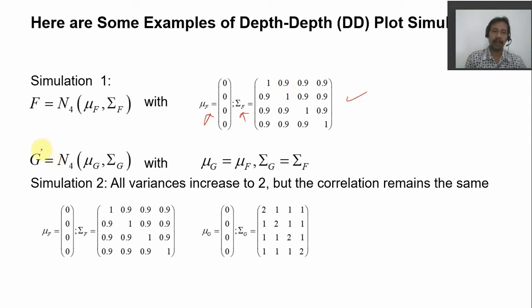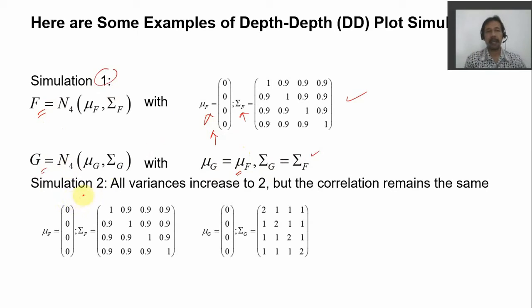Then for the G distribution, we generate a multivariate of dimension 4 with mean vector mu G, which is equal to mu F, and covariance matrix sigma G equal to sigma F. So for simulation 1, F and G are the same.